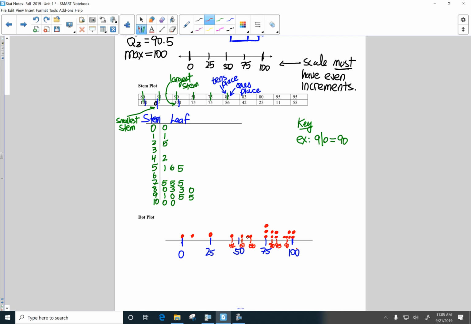And that context is that this is a class set of test scores. No surprise. Because I'm a teacher, like, what do I default to? Class set of test scores, of course. And you look at the numbers, the lowest is a 0, the high is 100. If you had to take a guess, that would probably be in your top 5. So this is a class set of test scores.